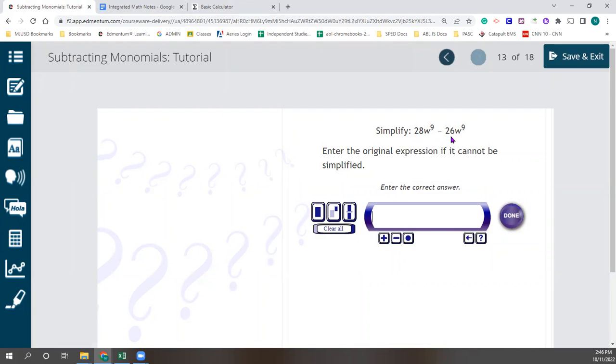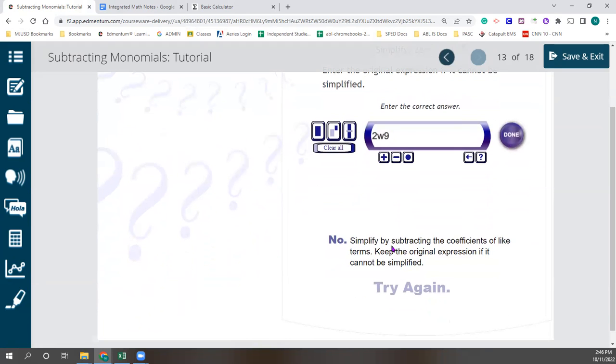28w^9 minus 26w^9. Like terms. Let's say 28 minus 26 is 2. And then I say w, and if I don't put the 9 as an exponent, it will say no. Simplify by subtracting the coefficients of the like terms.